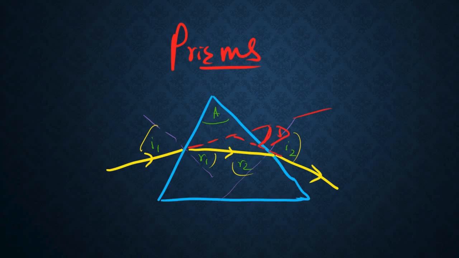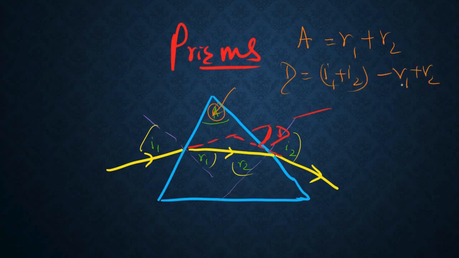We need equations for this. The prism angle A equals R1 plus R2, and the total deviation D equals I1 plus I2 minus (R1 plus R2), or you can write it as D equals I1 plus I2 minus A.